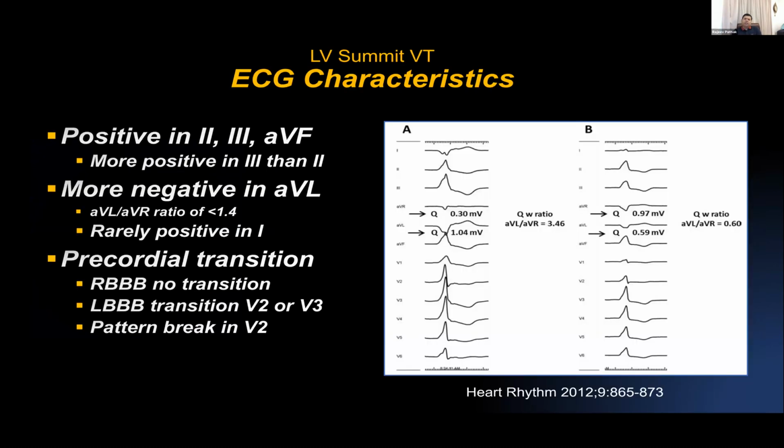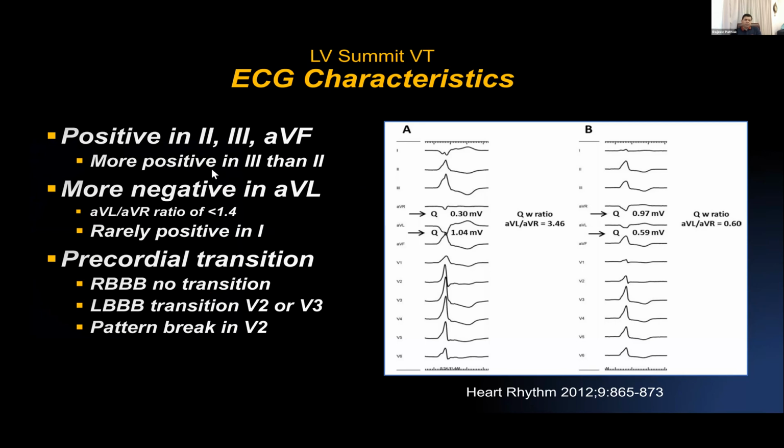We then talk about the ECG characteristics of the PVC which comes from this area. The more pathognomonic changes we normally see are that these PVCs will be inferiorly directed, will be positive in leads 2, 3, and AVF.